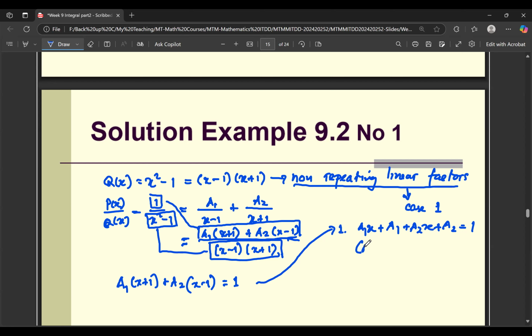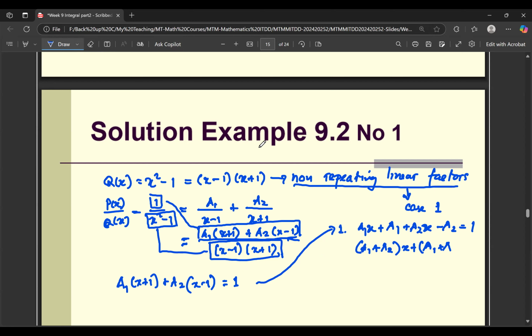We have A1 plus A2 multiplied by x plus the constant, which will be A1 minus A2. Sorry, this must be minus A2.